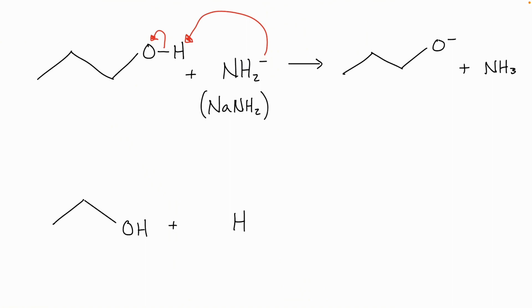Erase it and put a negative sign. So this is sort of weird. We're normally used to seeing hydrogens as positively charged ions, but when paired with one of those group 1 metals, they do form negatively charged ions. And again, these are both examples of just ridiculously strong bases. Ridiculously strong.